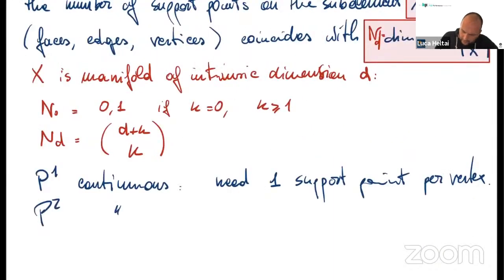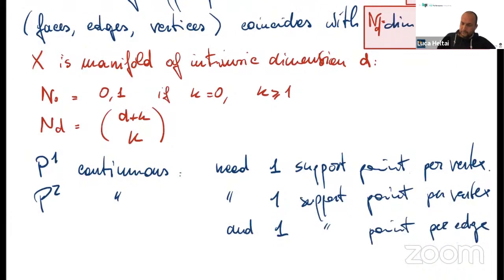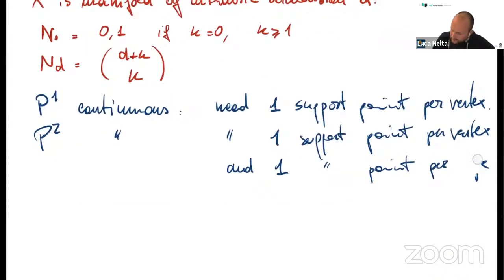P2 continuous needs one support point per vertex, but that's not enough, and one support point per edge, per line, let's put it this way. Okay, so that's per vertex and per line.